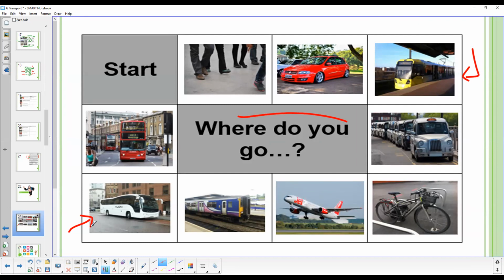No, you don't go to the airport by plane. We go to the airport by bus or by taxi. But where do we go with the airplane?